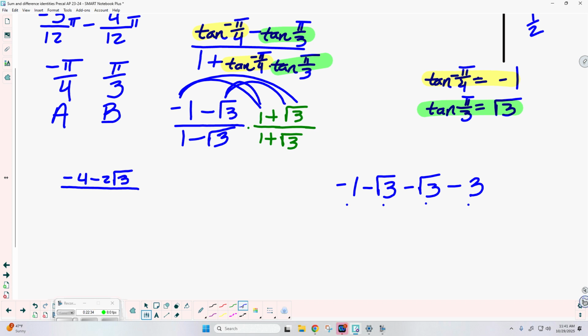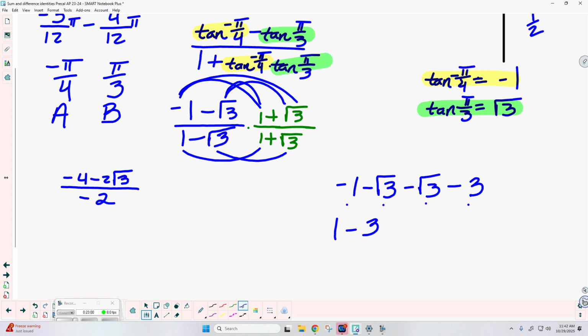Okay. Now remember, for your denominators, they're conjugates. So I don't have to multiply the outside and the inside terms. I only have to multiply the first. 1 times 1 is 1. And the last. Negative root 3 times root 3, that's a minus 3. So my denominator should be a minus 2.